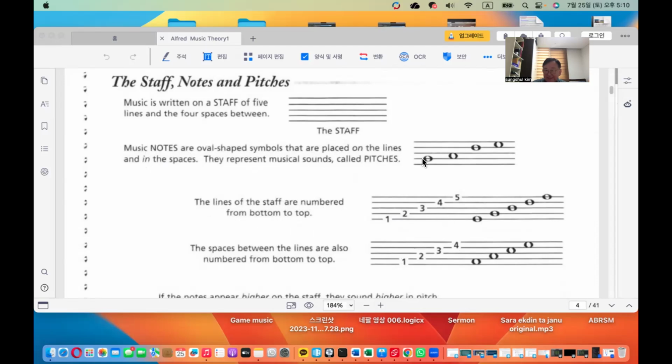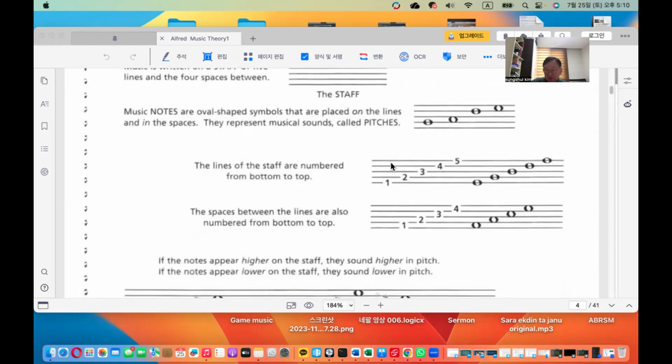Music notes are oval-shaped symbols that are placed on the lines and in the spaces. Listen carefully. They produce musical sounds called pitches.